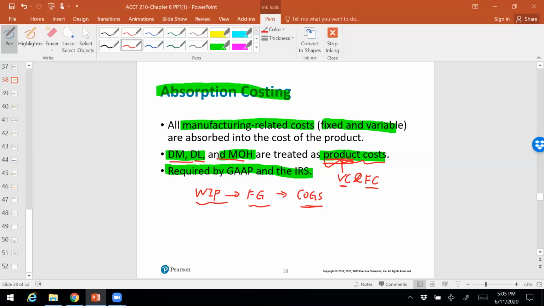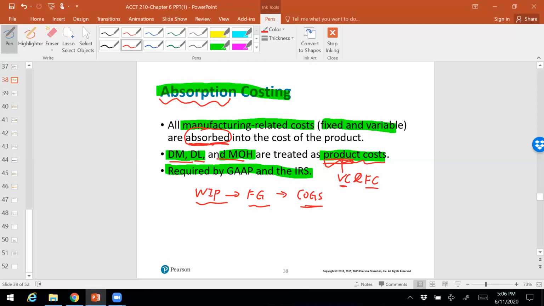Okay, so we focus on whether it's product cost or period cost. We didn't care if it's variable cost or fixed cost. That is why we call it absorption costing. It absorbs all the manufacturing cost, no matter it's variable or fixed.